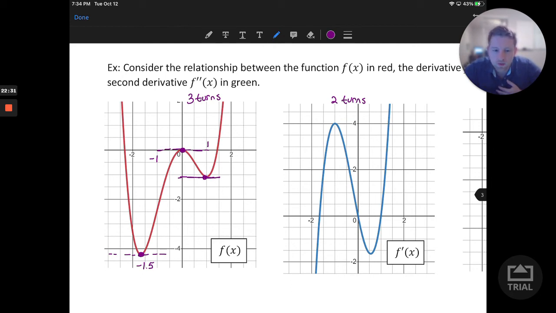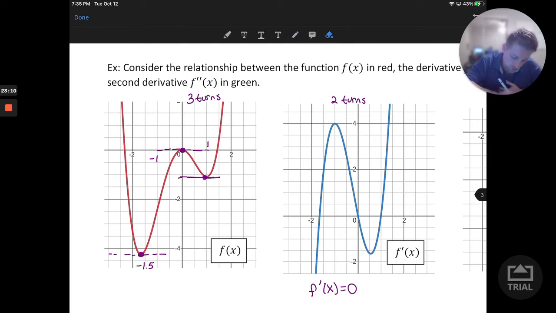So notice that the points on my function that have a 0 derivative, on the derivative function, we would expect those to be on the x-axis, where the first derivative here is equal to 0. So these points where we have a 0 tangent line, or horizontal tangent line with slope 0, we would expect to have x-intercept values.